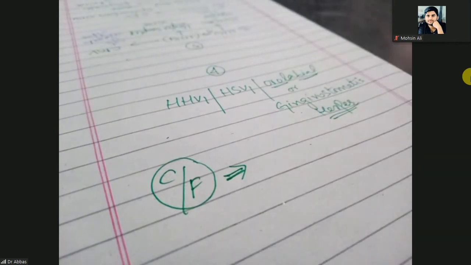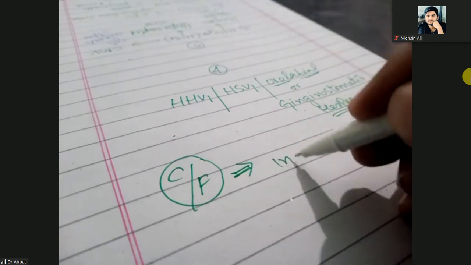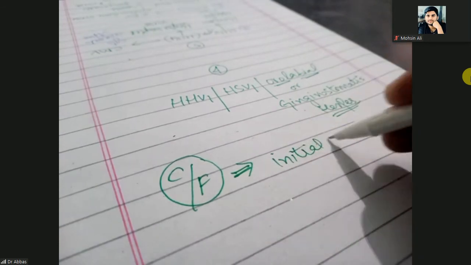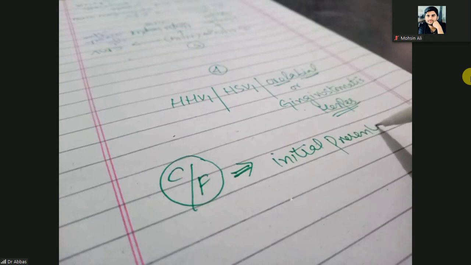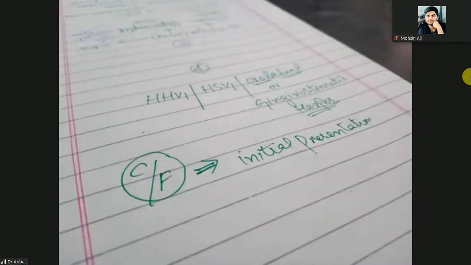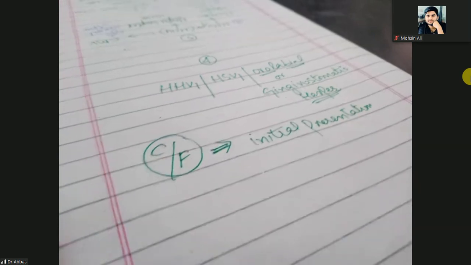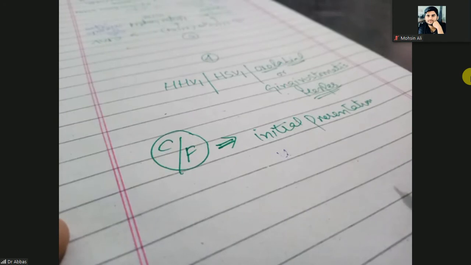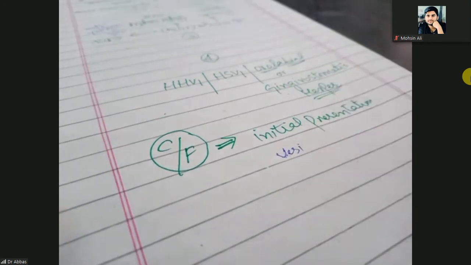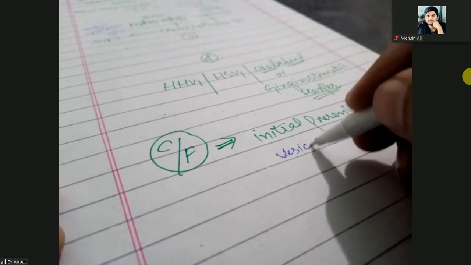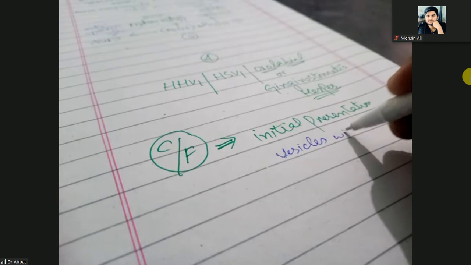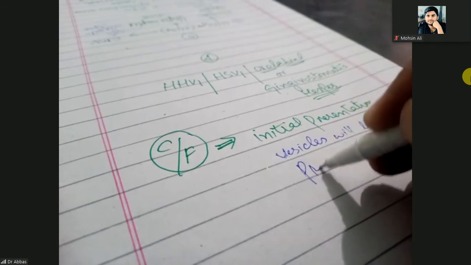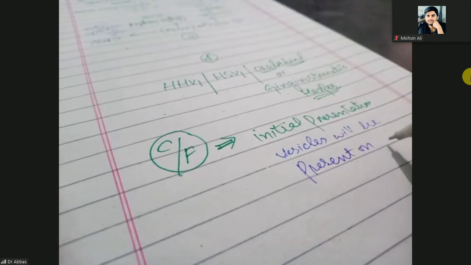So in the initial presentation, when it is the first time, there will be blisters or lesions or vesicles. Grouped vesicles will be present. Initially, vesicles will be present on the gums and oral cavity.